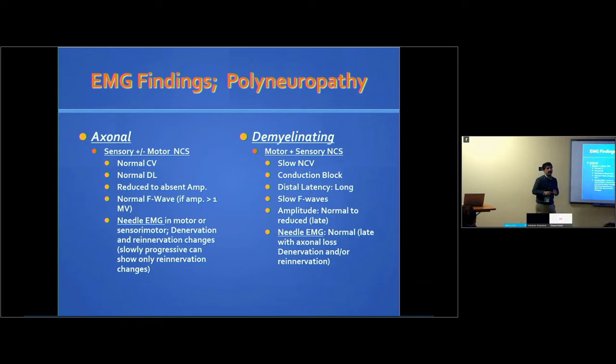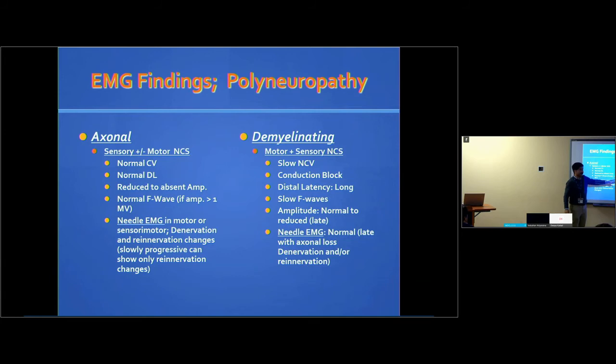Typically, say you have a process that's leading to loss of axons. We have the small, the medium size, and the large size axons. Once we start losing, say, 70-80% of the fibers, then these myelinated or thick fibers are also lost. So then you start to see some slowing. But typically, amplitude would be the main determinant of loss of axons.